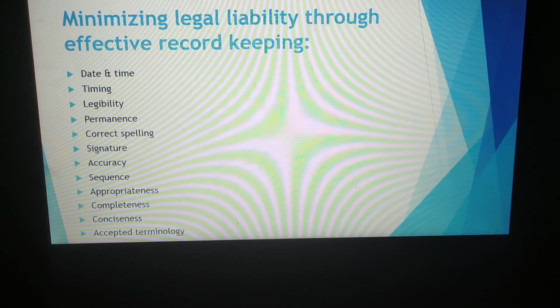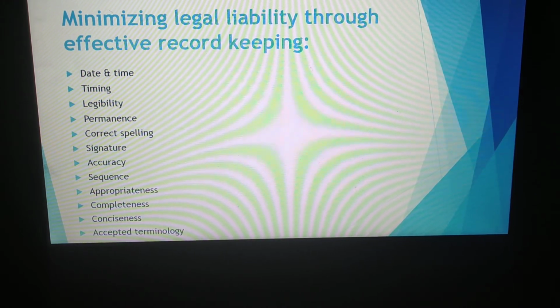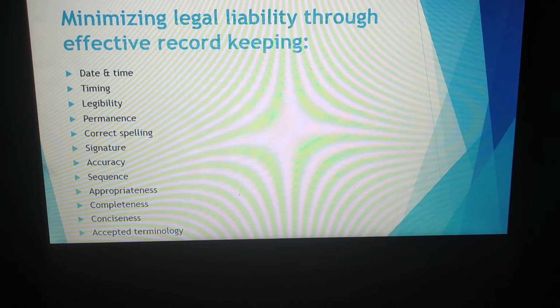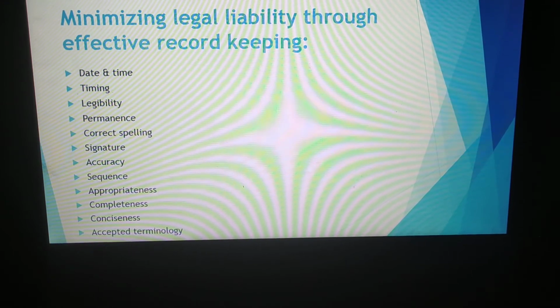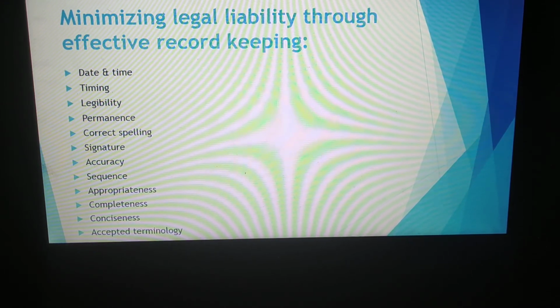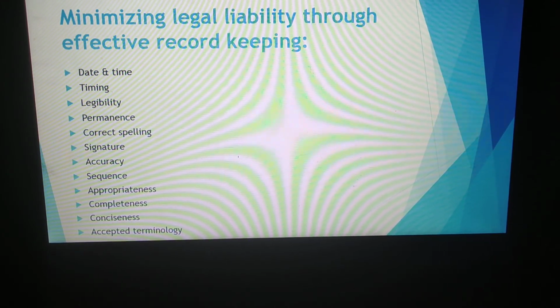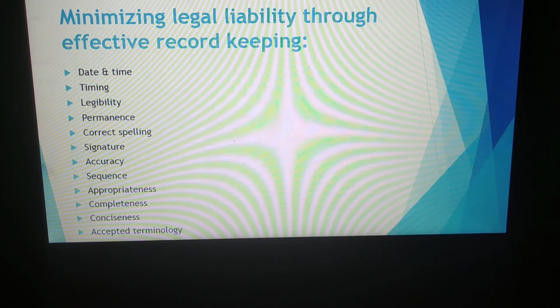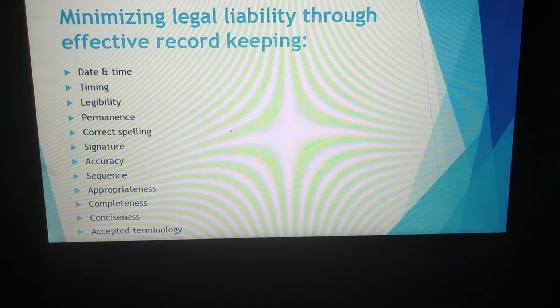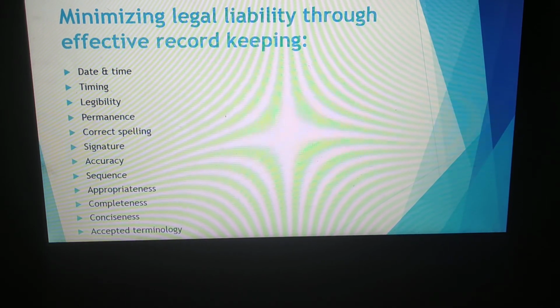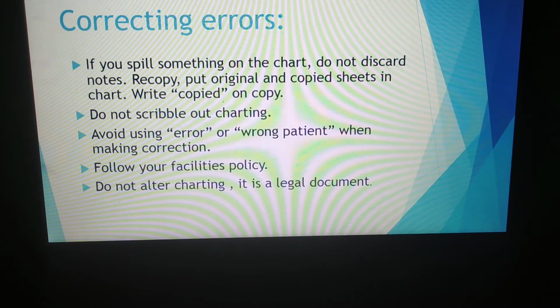And also we need to maintain accuracy and sequence order, and document the records in an appropriate manner, and we should complete the sentences. We should not leave a sentence in between, and the information should be precise and concise, and it should be written in accepted terminology.